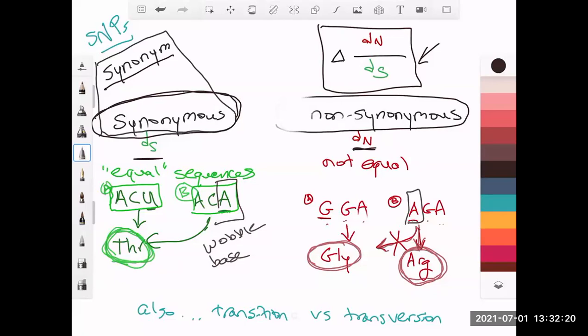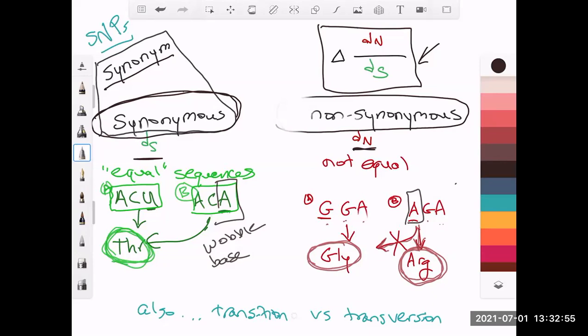So for example, you might have ACA, ACG, ACC, etc. and it would code for the same amino acid. That third nucleotide does not matter. Again, I'm not sure if it's specifically threonine that has that characteristic. But then when we look over here for the non-synonymous mutation, we change the first base pair. That's not the wobble base.